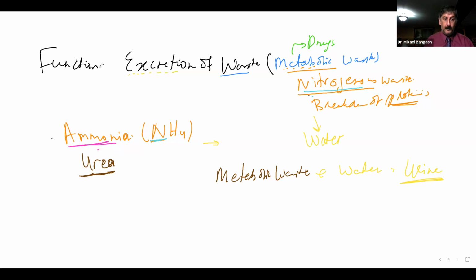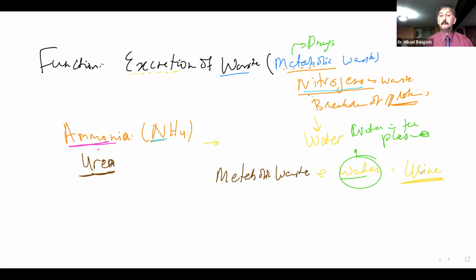Okay. Now the question may arise, where does this water come from? This water is mainly taken from the water in the plasma. So some of the water that we have in the plasma is going to become an integrated part of the urine.